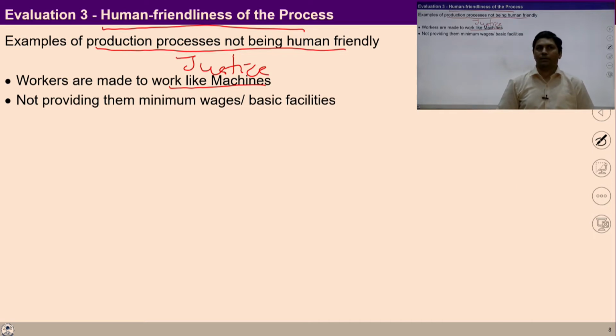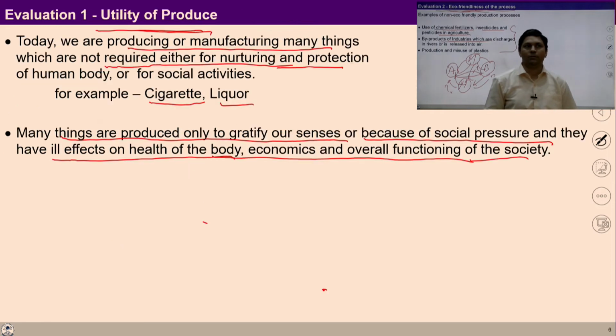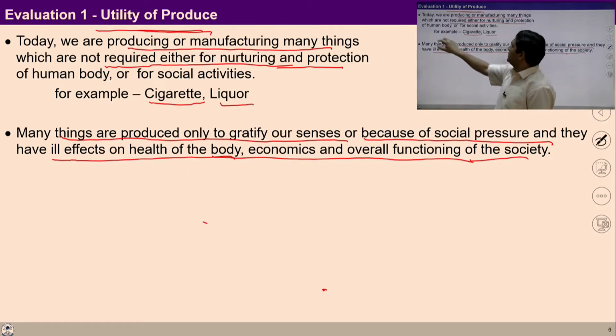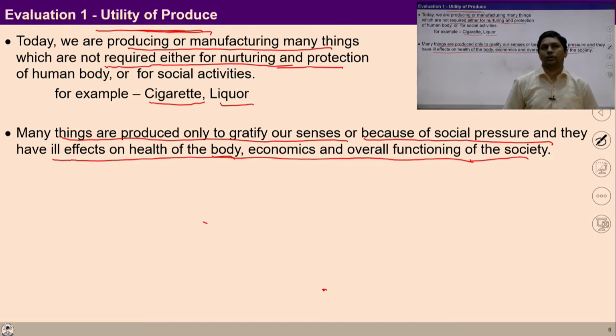So these are the 3 criteria to evaluate the present social system or to evaluate any production system. Let me sum up all three once again. One is utility of produce: whatever is being produced, is it going to be rightly utilized, is it going to nurture, is it going to protect the body or not.